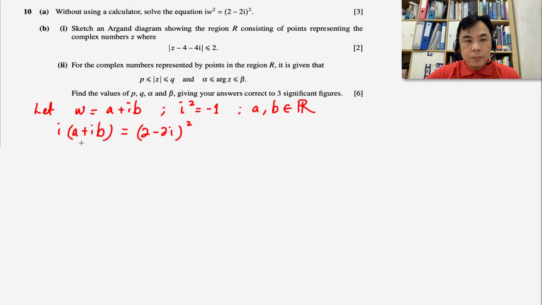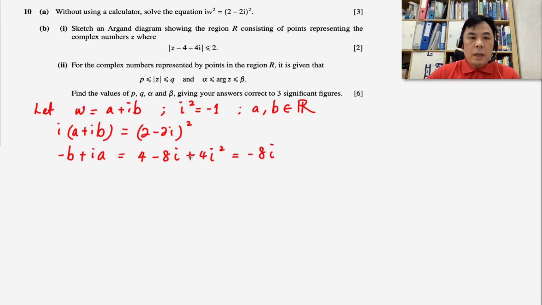Now we will get a negative b plus ia on the left, and then on the right we just need to expand it as usual. So this is 4 minus 8i, but the last one we have to be very careful. It's actually 4i squared. As I mentioned before, i squared is negative 1, and then that would actually give us a very nice result. That is 8i.